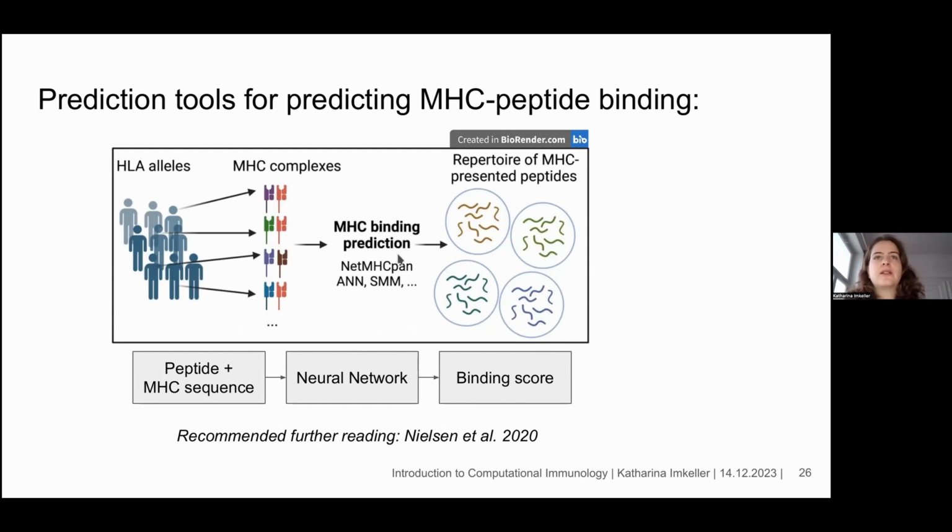Just to mention how these MHC binding prediction tools work, they typically take as an input the peptide and the MHC sequence, and then they have some kind of computational box that scores those interactions and predicts a binding score of each peptide with each MHC molecule.